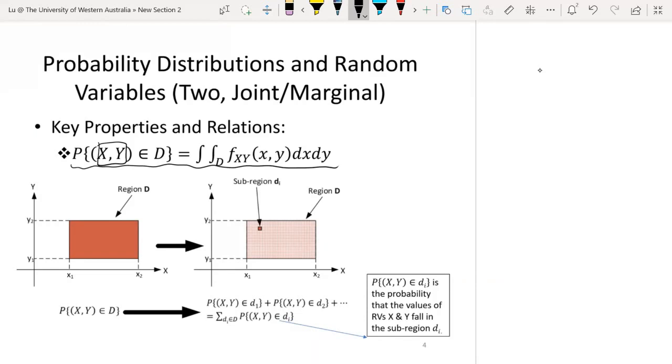In it, we define a small red square region, which we call region D. We want to evaluate the probability that the x and y values fall into this small region D.